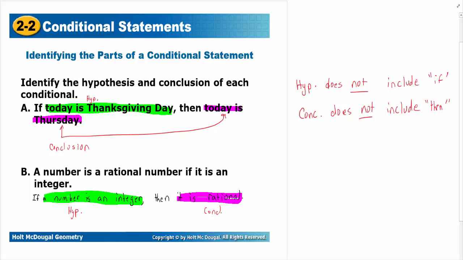So if a statement is not written in if-then form, we need to write it in that form so that we can find that hypothesis and that conclusion. Now, I'll put this off to the side as another note. If you're writing it out, you could write it like this. Hypothesis, in this case, is a number is an integer.